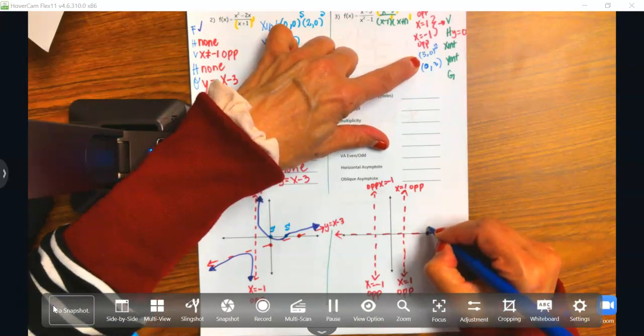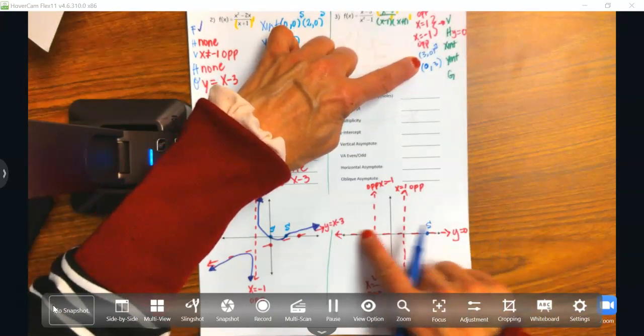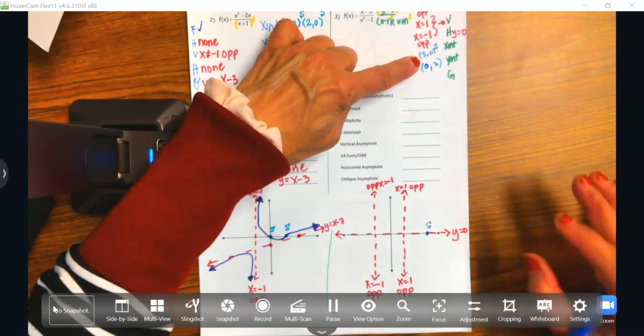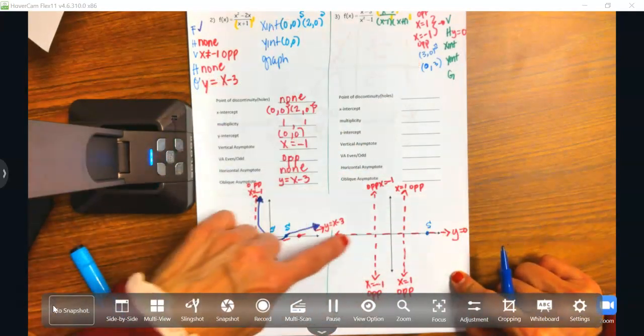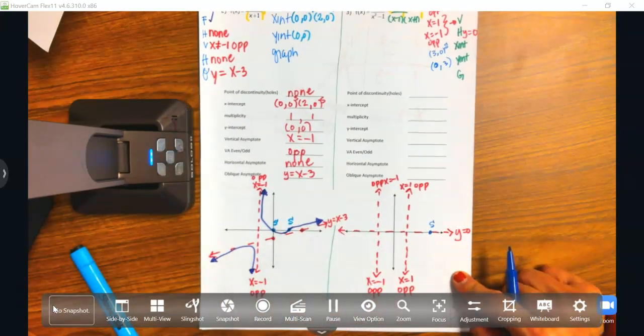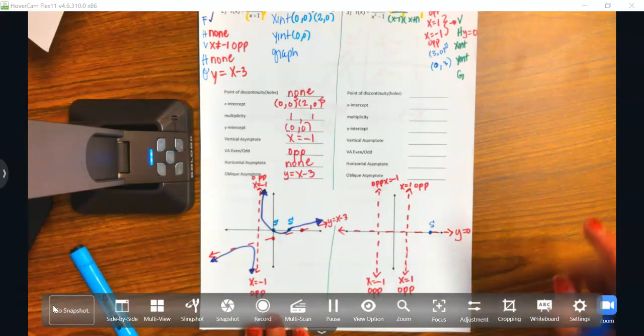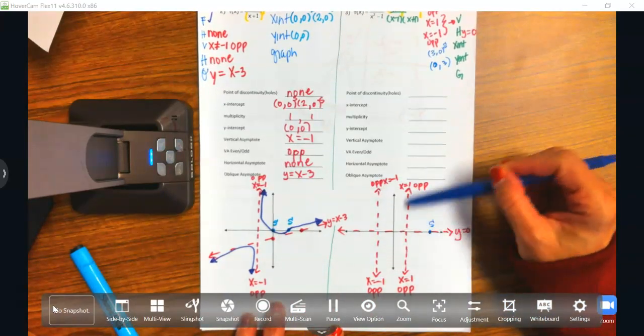Now, it's really bothering me because I just drew a point on an asymptote. Here's how asymptotes work. Sometimes they cross horizontal, sometimes they cross oblique. Never, ever do they cross a vertical line.